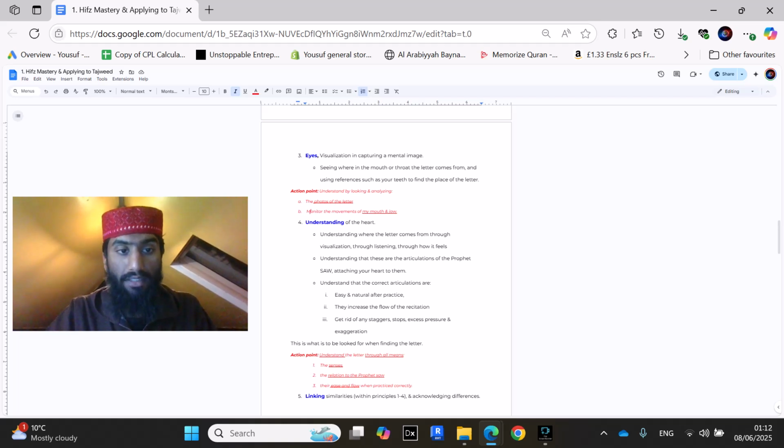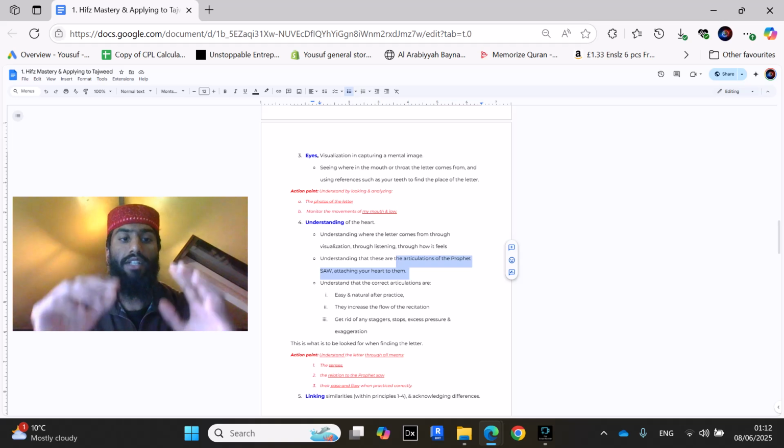Then you have understanding of the heart. Understanding of a letter when it comes to Tajweed comes through visualization and listening, how it feels. So that's one point. Then there's the understanding that these are the articulations of the Prophet ﷺ, so you should attach your heart to them.